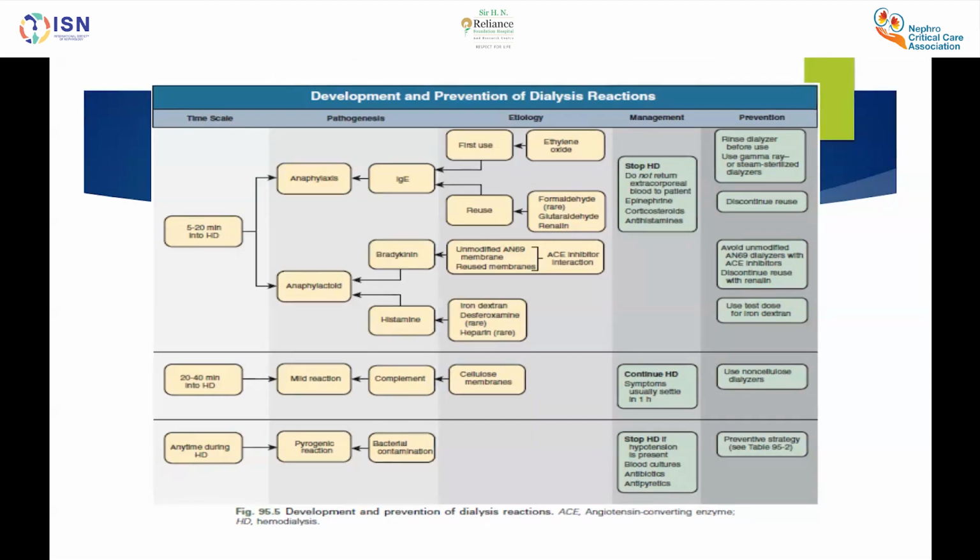But how do you manage this is that you stop the dialysis, do not return the extracorporeal blood to the patient, and treat with epinephrine, corticosteroids, and antihistaminics. And how you can prevent this is that you rinse the dialyzer before use, or you use a gamma ray or steam sterilized dialyzer, and discontinue the reuse.